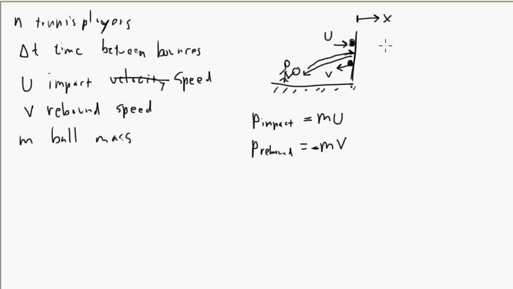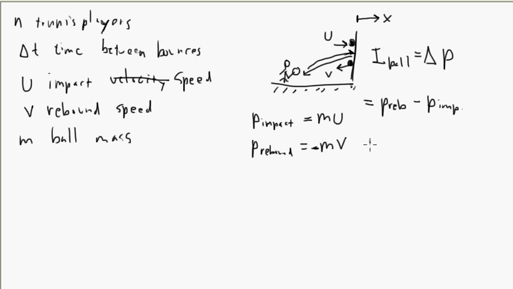So the impulse on a ball for each bounce is going to be the change in momentum. That is the final momentum after the bounce, which is the rebound momentum, minus the impact momentum.